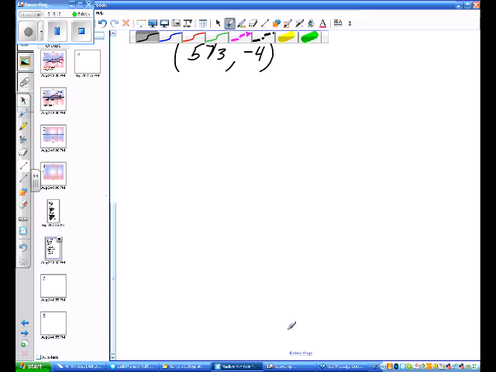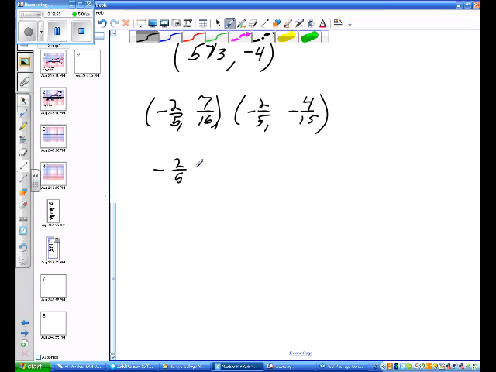If we had as our points negative 2/5, 7/15, and negative 2/5, negative 4/15. Well, the formula is the average of our x's and the average of our y's. So this would be negative 4/5 divided by 2.